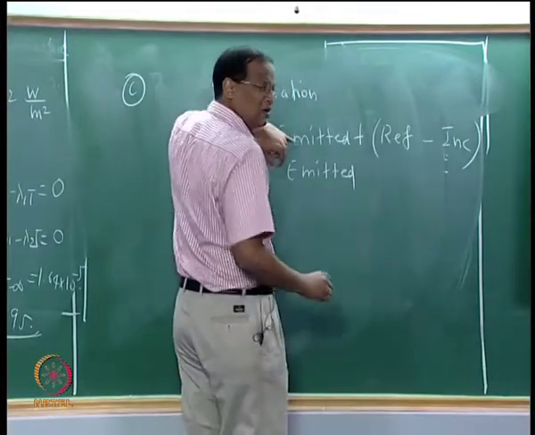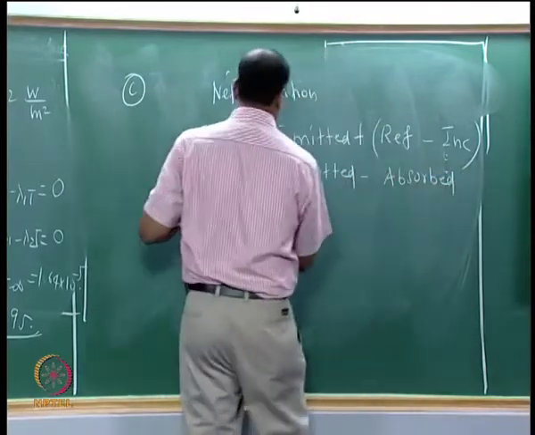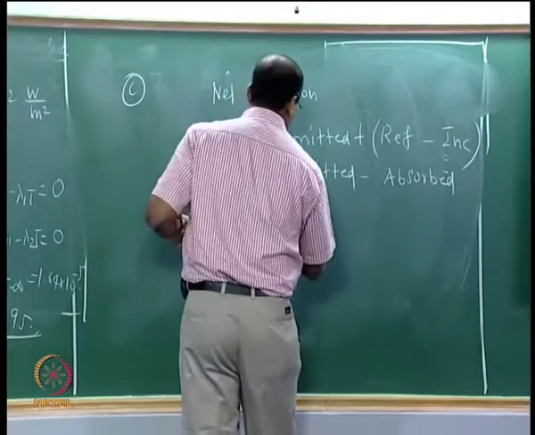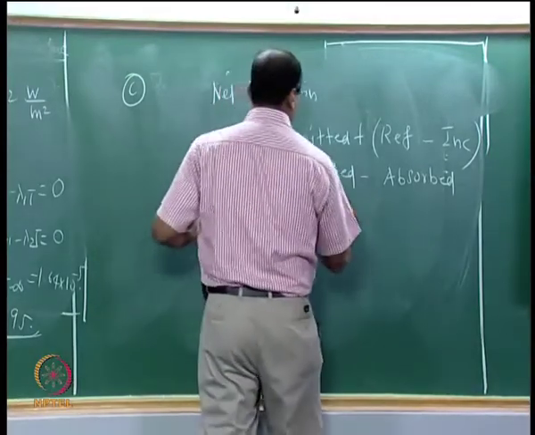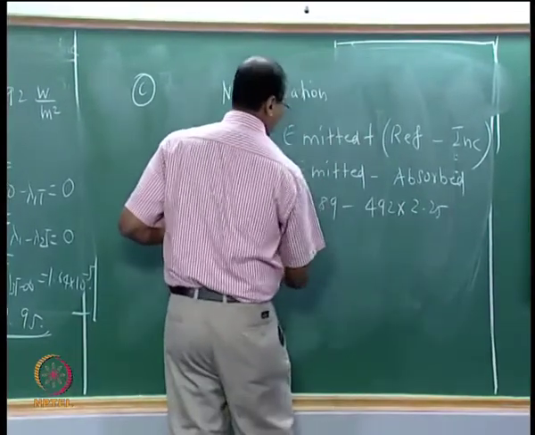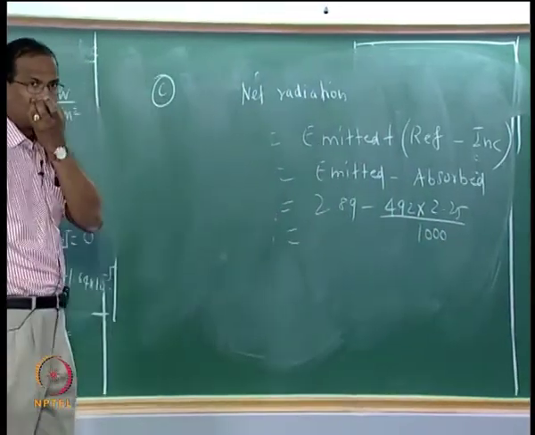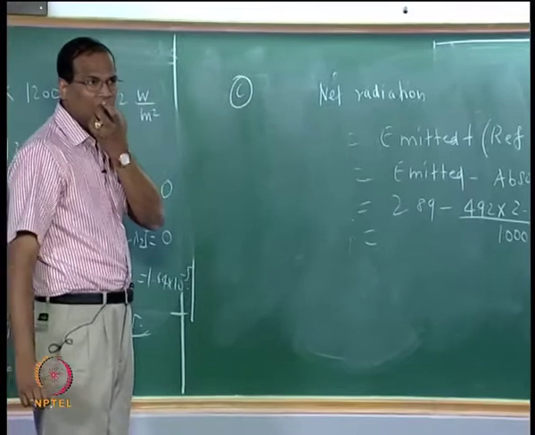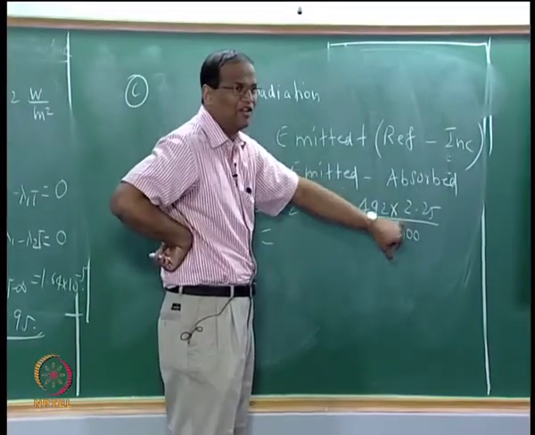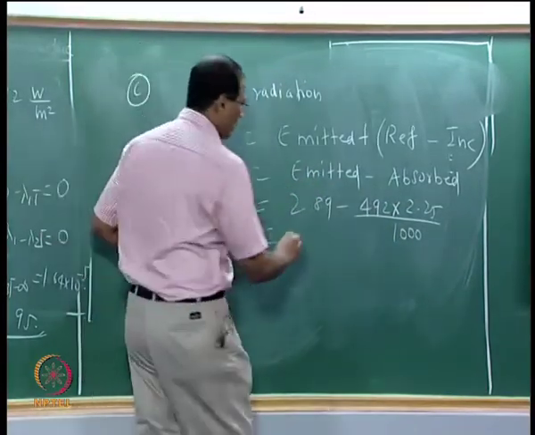Is it correct? Yeah, now tell me. Emitted is 2.89 minus... I did so many things here. 492 watts per meter square. I multiplied by the area 1.5 by 1.5 divided by 1000 because this is in kilowatt. 1 point. Very good.